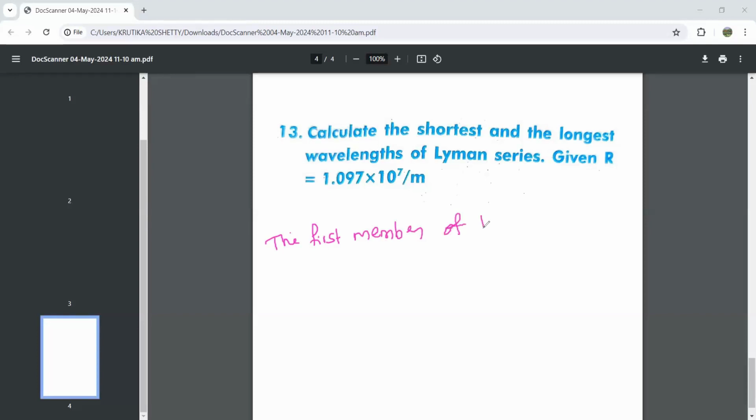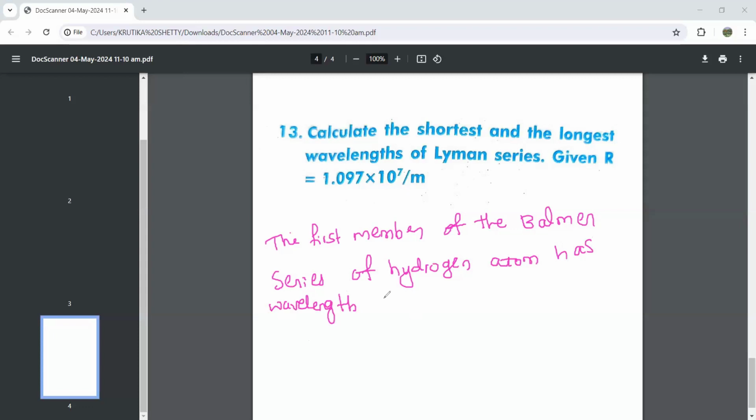The first member of the Balmer series of the hydrogen atom has a wavelength of 6563 angstrom. Calculate the wavelength of the second member.